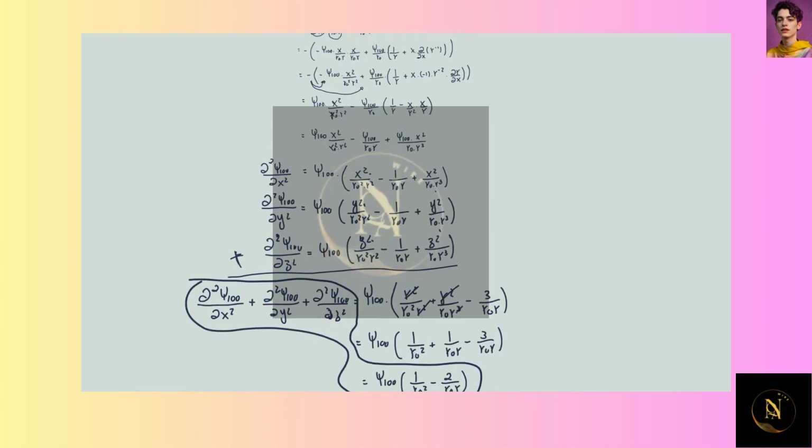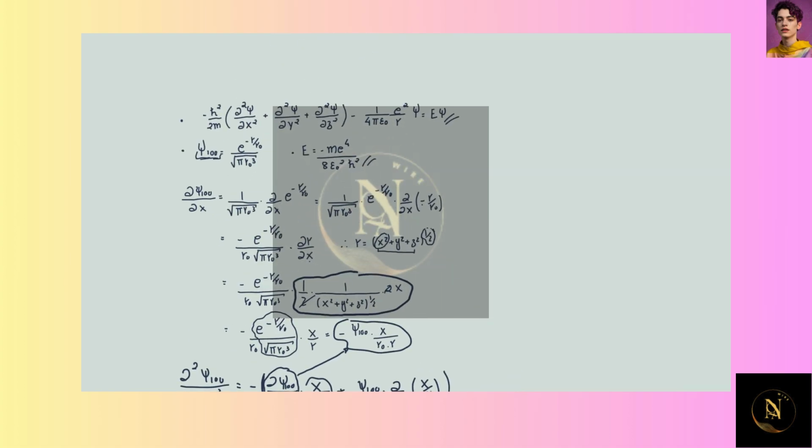Now, we can substitute this result in Schrodinger's equation, which is this one.